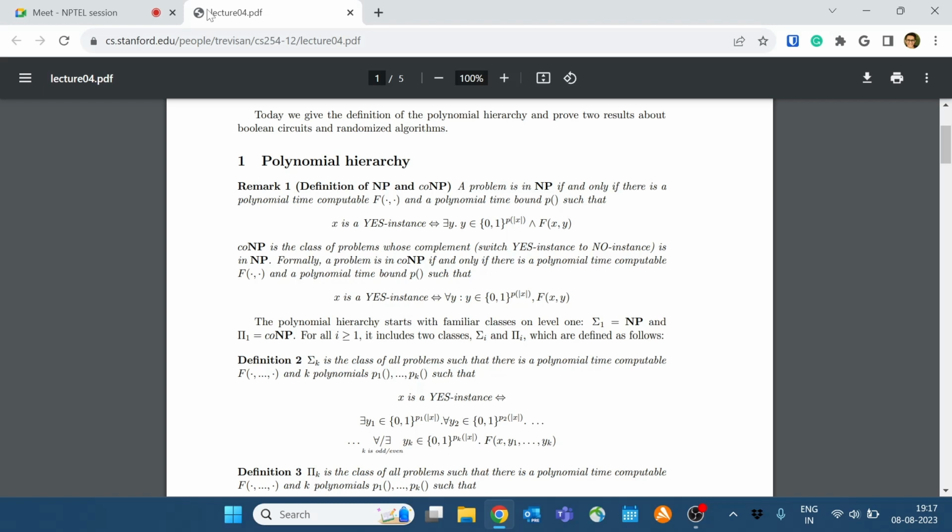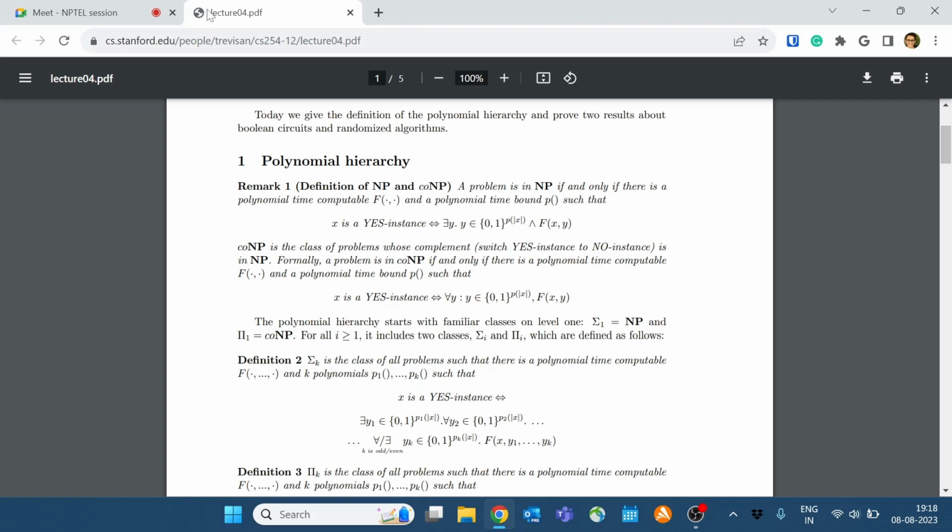And since we are only considering witnesses of polynomial length, the value of f of x, y has to be 0, which will make sense, I think. But my problem is with the "there exists": there exists y such that y is not in this, or f of x, y is 0.